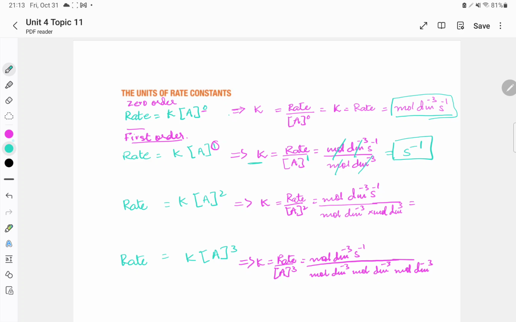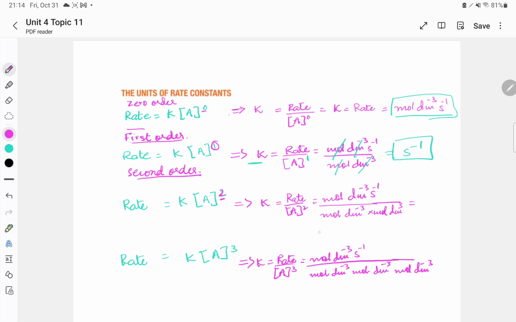Moving on to the second order. In case of a second order reaction, the unit for k, that means the unit for the rate constant, we have to find out just the way we have done with the others. This is 2, so that means squared, a second order reaction equation.